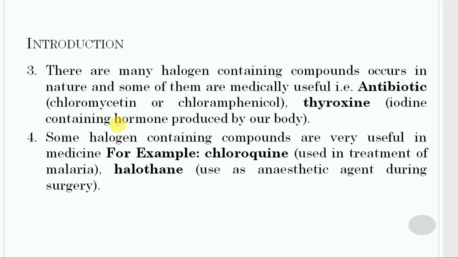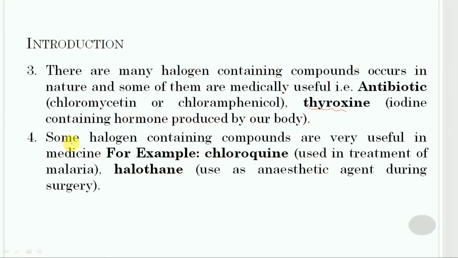It is produced by soil microorganisms and is very effective for the treatment of typhoid fever. Our body produces an iodine containing hormone which is called thyroxine, and the deficiency of this hormone causes the disease which is called goiter.